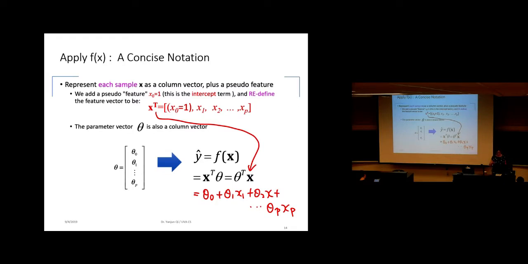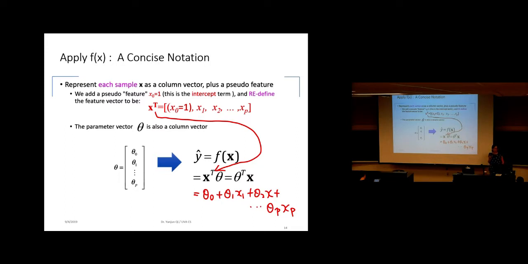Maybe just so as not to confuse you, this is better. Okay, I'm converting an element product summation operation into a vector operation. There's a fundamental reason why we do so.